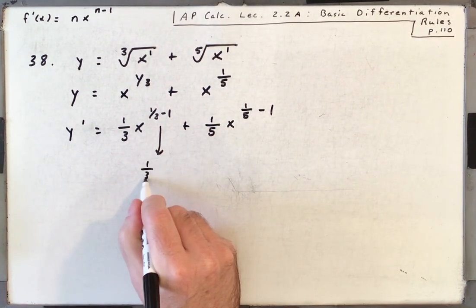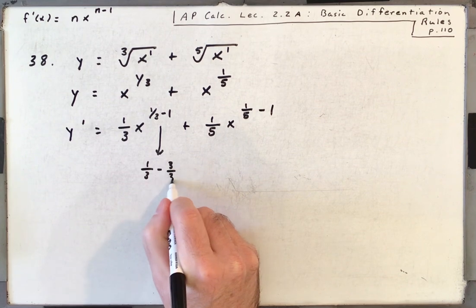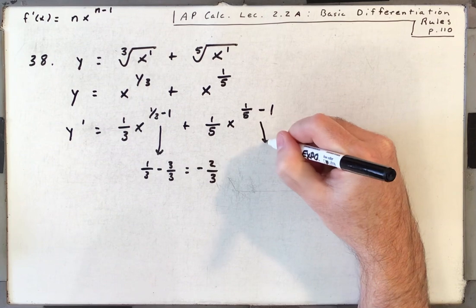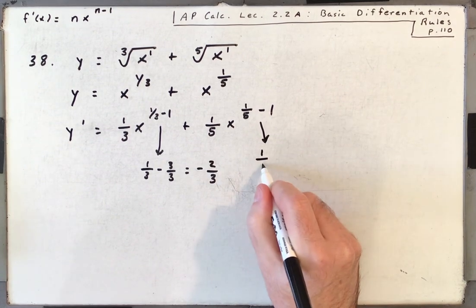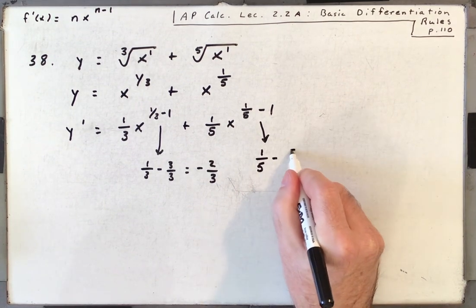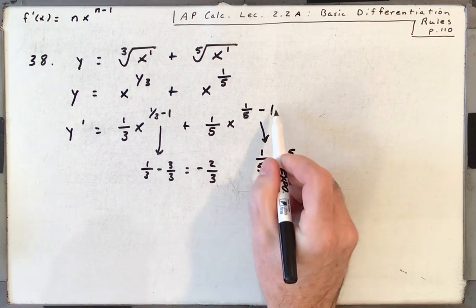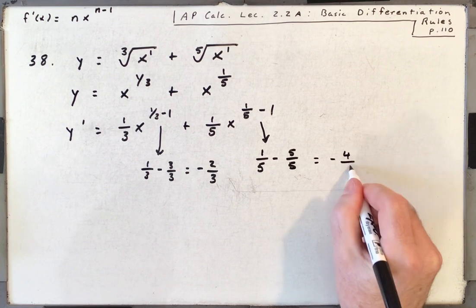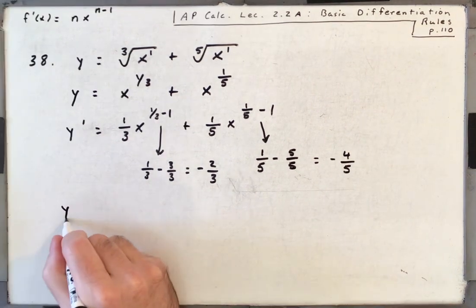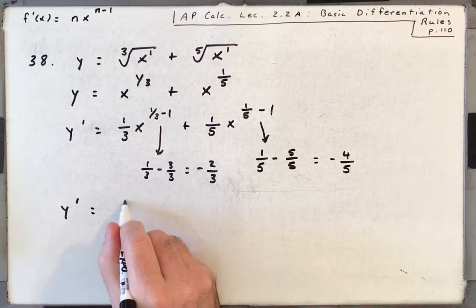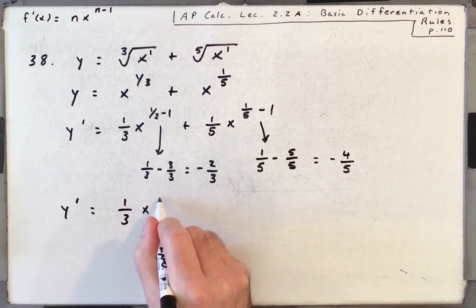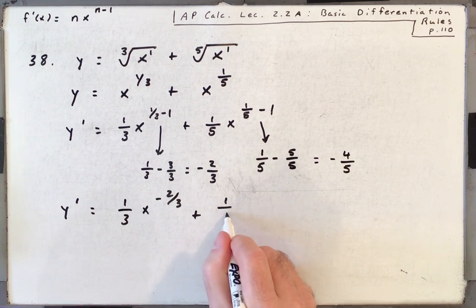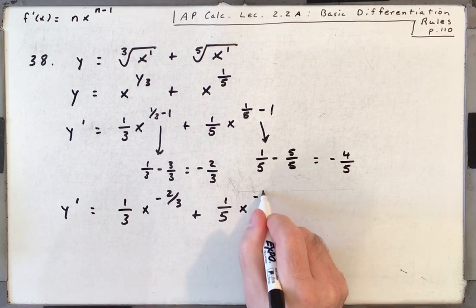That's 1/3 minus 3/3, so that's negative 2/3. And then what's 1/5 minus 1? That's 1/5 minus 5/5. So I'm getting a common denominator with that 1, so that's negative 4/5. So y prime is going to be 1/3 x to the minus 2/3 plus 1/5 x to the minus 4/5.